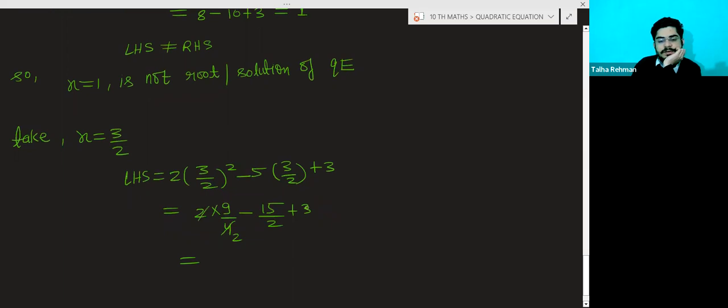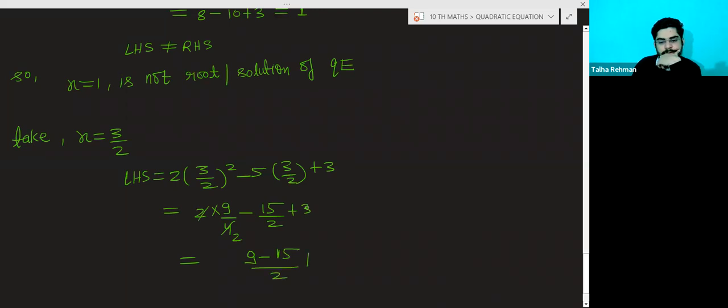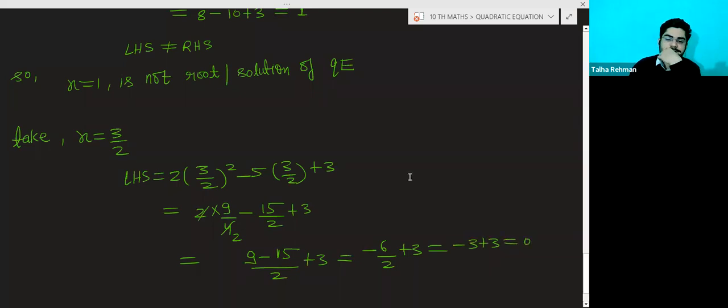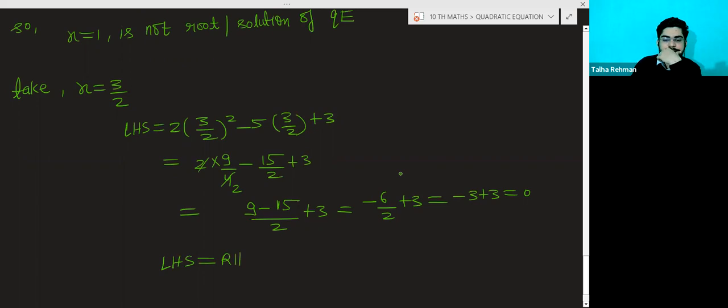It will become 9 minus 15 by 2 plus 3, which is minus 6 by 2 plus 3, so it will become minus 3 plus 3 equal to 0. So here also the left hand side is equal to the right hand side.